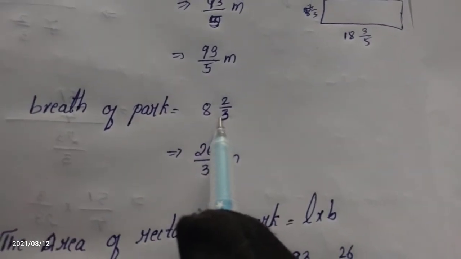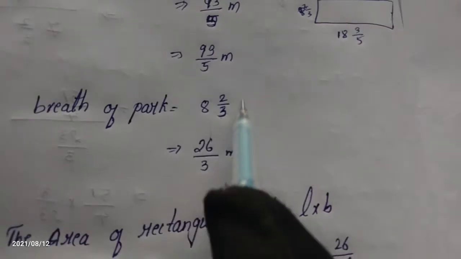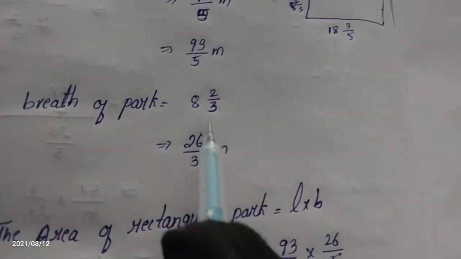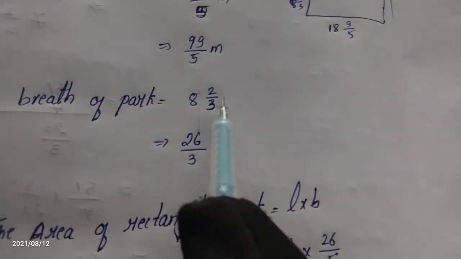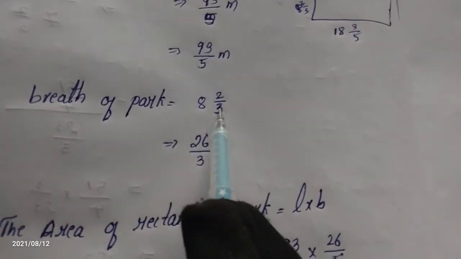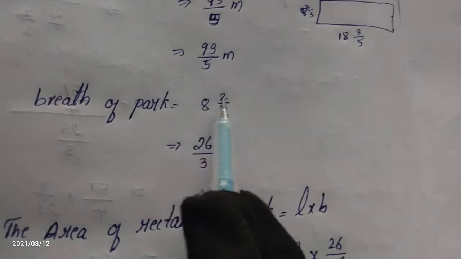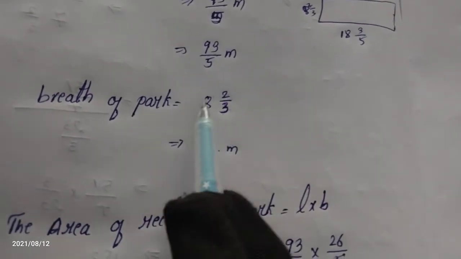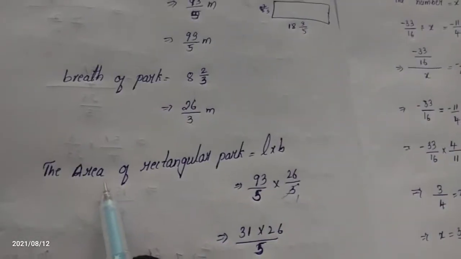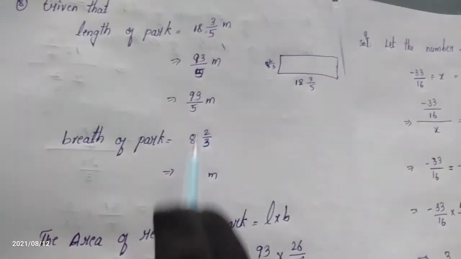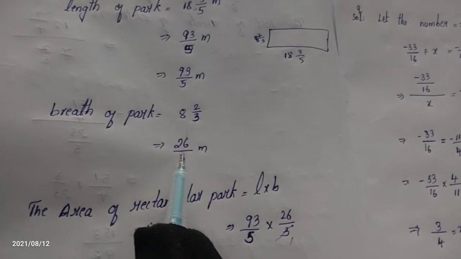Here also we have to change mixed to improper. What do we have to do? 3 eights are 24. To that answer we add the numerator. 24 plus 2 is 26 by 3. Up to that clear? Whatever numbers are given, we are converting them to improper fractions.